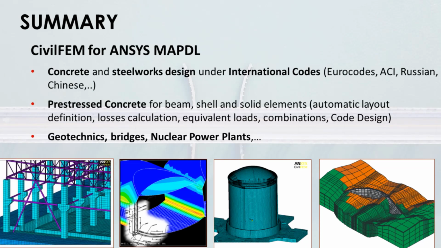Also, we have some important modules like the pre-stressed concrete ones, where we can calculate pre-stress effect on beam, shell, and solid elements. Also apply equivalent forces to the model, combine this pre-stressing effect, calculate long-term and short-term losses, and also we have a lot of tools for geotechnics, bridges, and nuclear power plants.